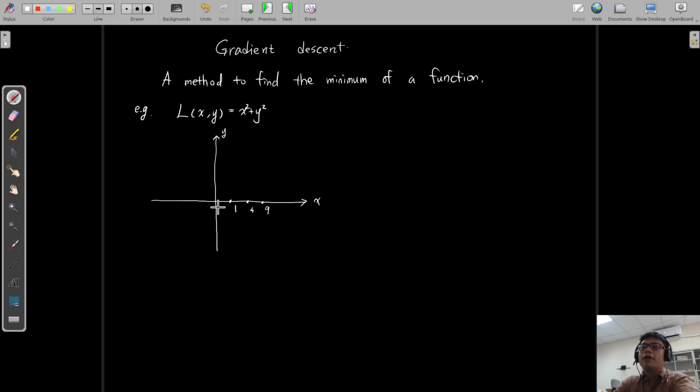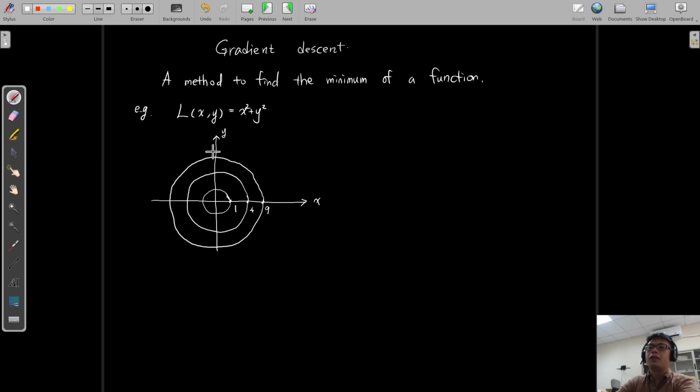And somehow you can draw the line indicating all the values of L are the same. Okay, and you can also draw this line indicating that all the values on this line, L is equal to 4. And every point on this line, the L value is equal to 9.